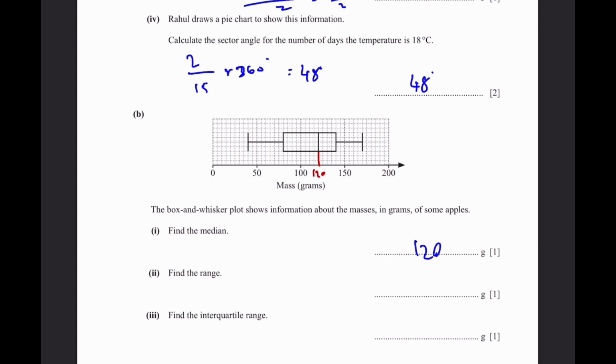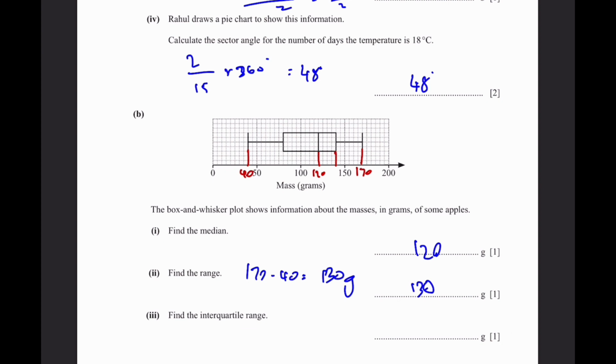2. Find the range. So range means the difference between the least value and the highest value. So 40 and 170. So 170 minus 40 is equal to 130 grams. 3. Find the interquartile range. That's the difference between the two quartiles.